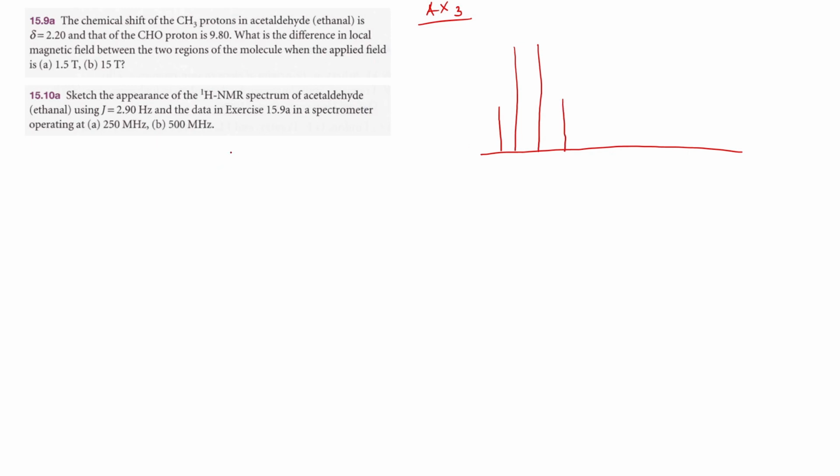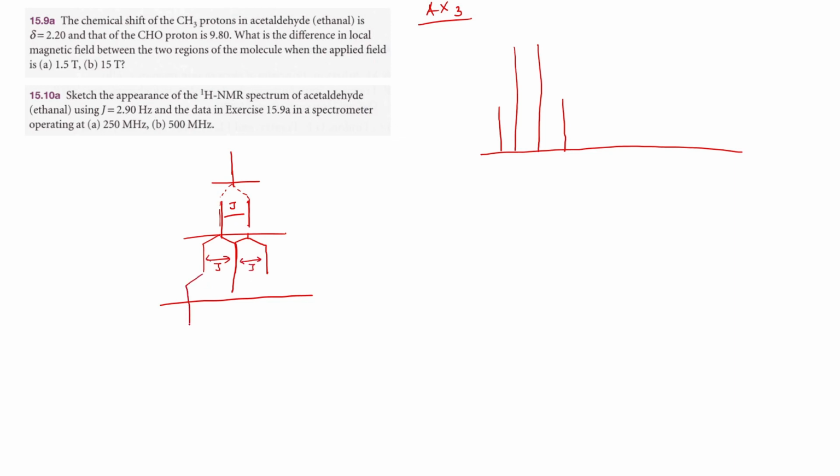How to remember that? First it was 1, then it will become split by 2, right? The gap will be J. Now it will again split into 2, and J is the coupling constant here.